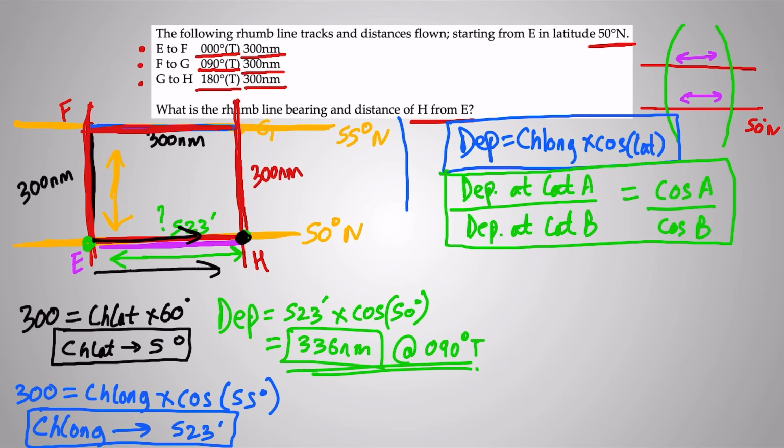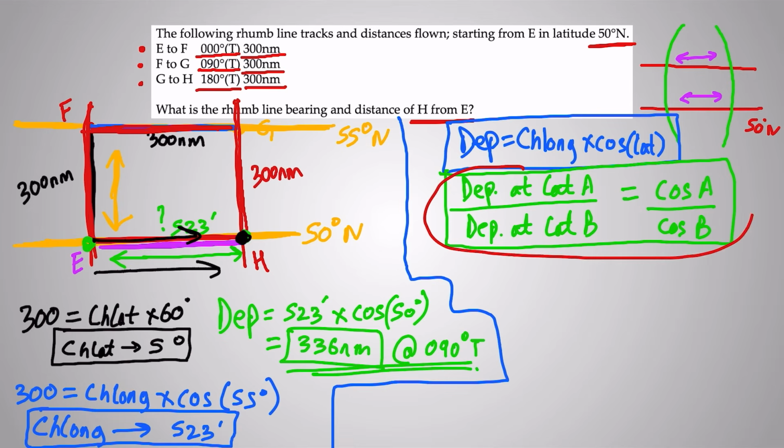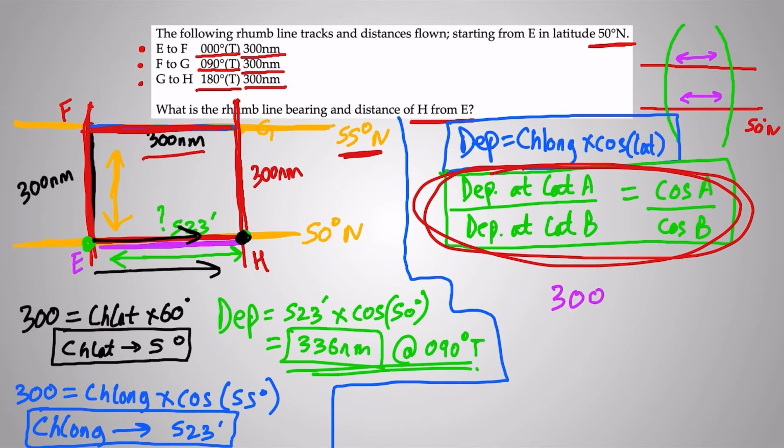Okay, understood. Now if I wanted to solve this question by using this formula, what I'll do is just substitute the values. So I can say that the departure at latitude 55 degrees north is 300 nautical miles. So I'll just write 300 nautical miles upon departure at 50 degrees north, which we don't know, equals cos 55 upon cos 50.